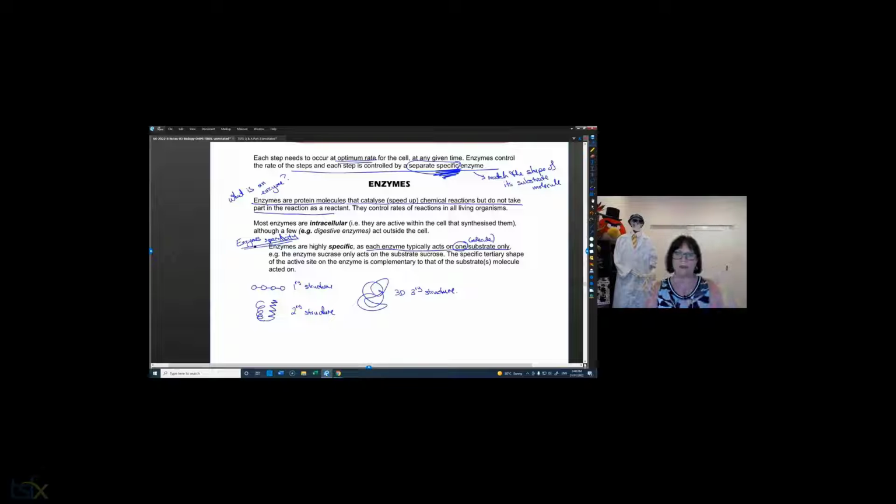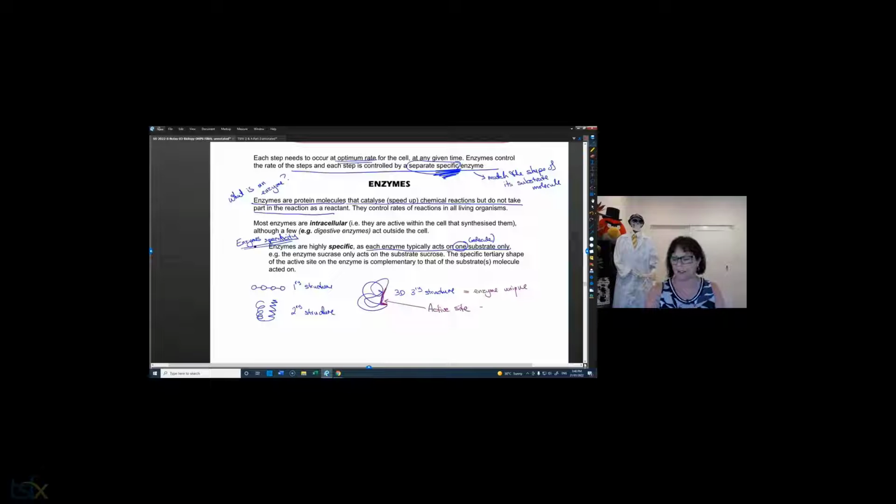And this is where enzymes finish. And each enzyme has a unique tertiary structure. And there's one part of the tertiary structure that is most important. And the important folding shape is called the active site.